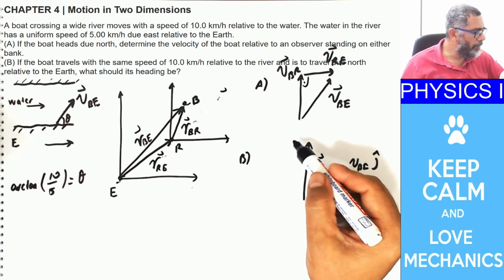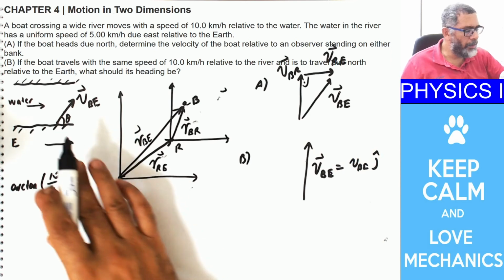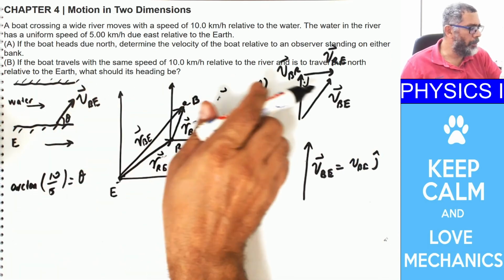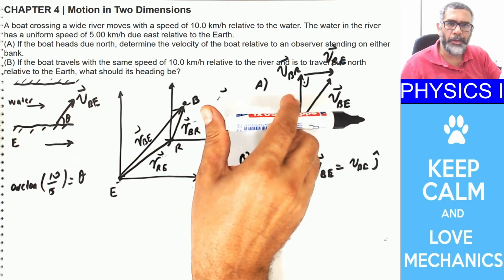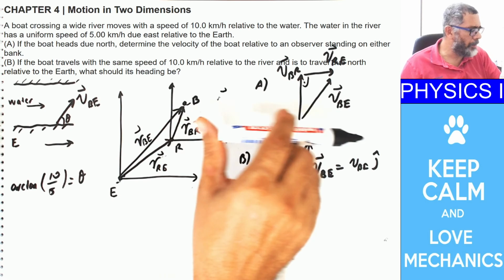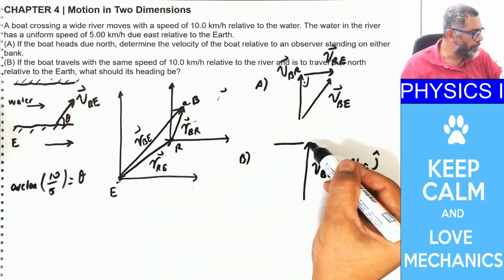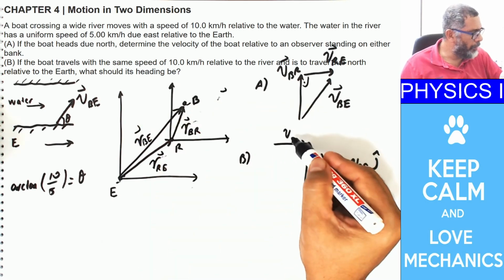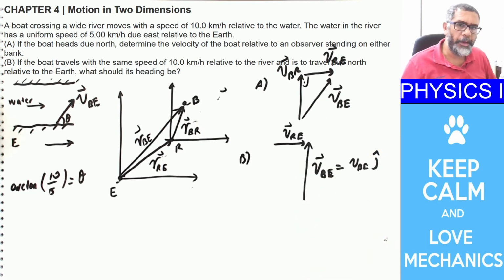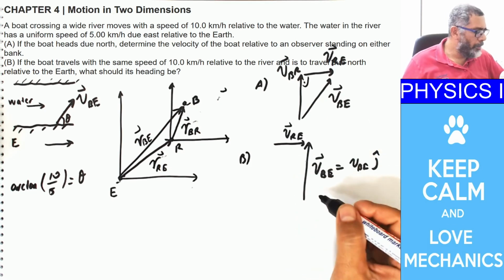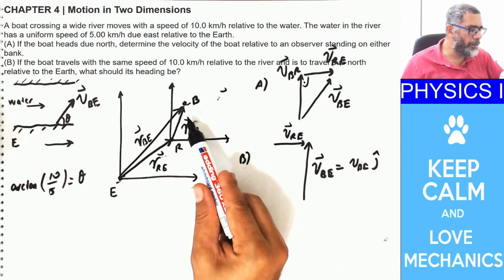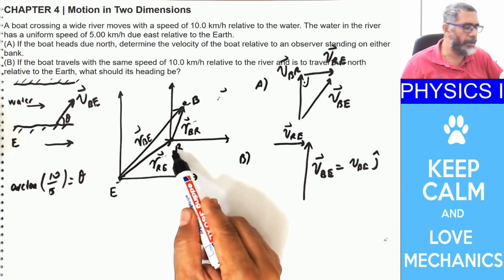But we know that still the water flows with this 5 kilometers per hour due east, which is in the positive x direction, and this is still the velocity of the river with respect to Earth. Okay. So the question is, what is the velocity vector of the boat relative to the river reference frame?